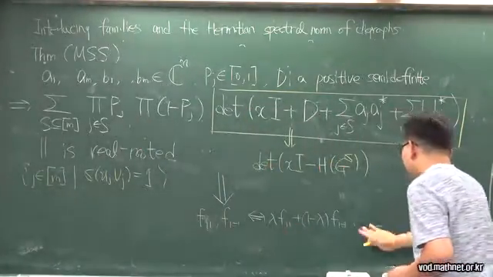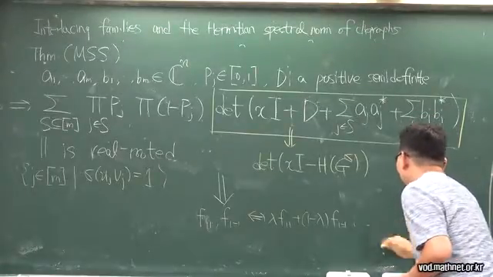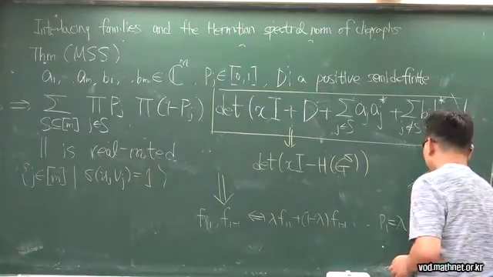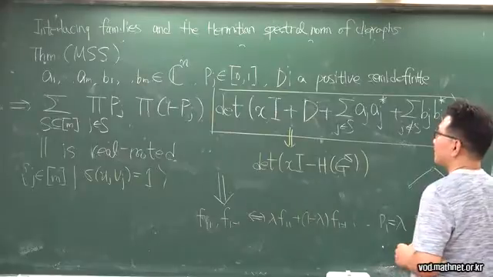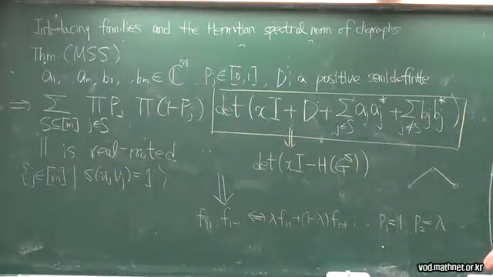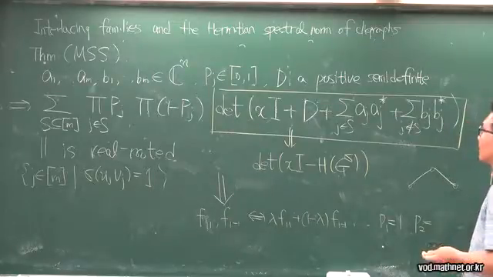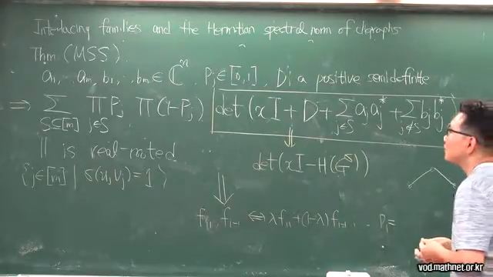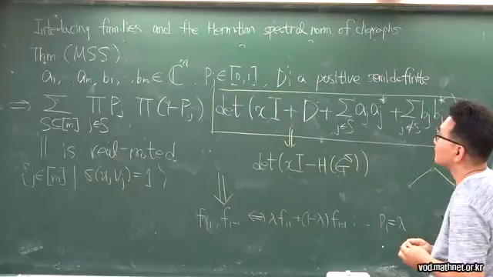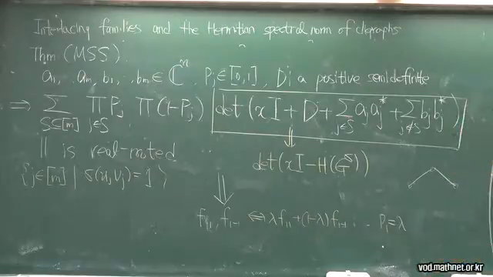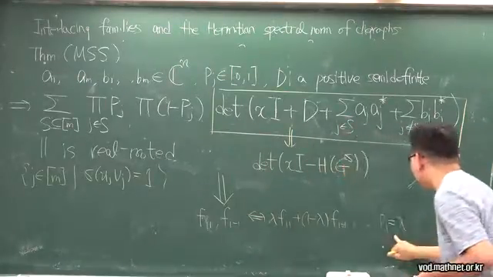So how can we have this one? P sub 1 is equal to lambda, and P sub 2, well, 1 corresponding to lambda in here.